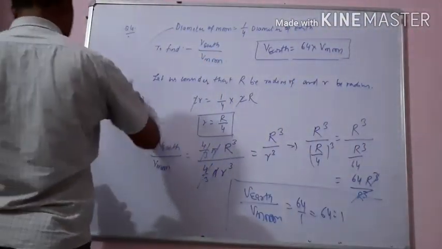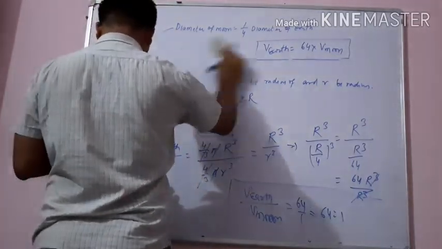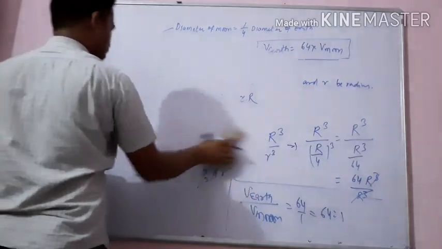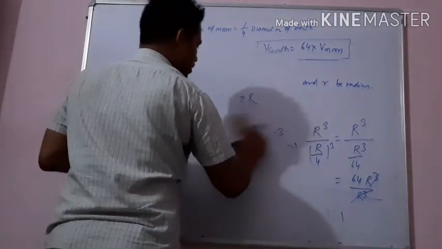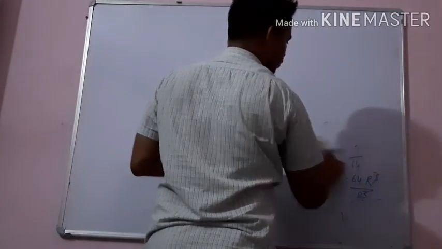Now moving to question number 6. A hemispherical tank is made of an iron sheet 1 centimeter thick.